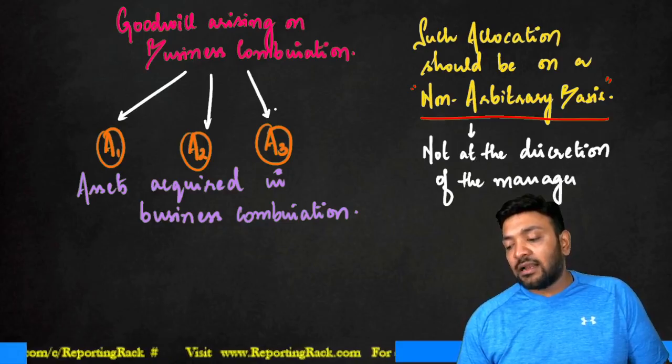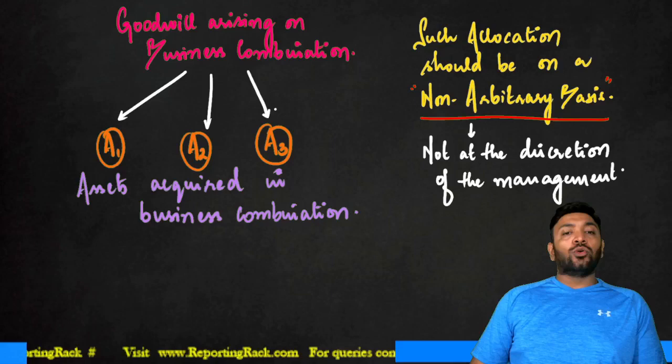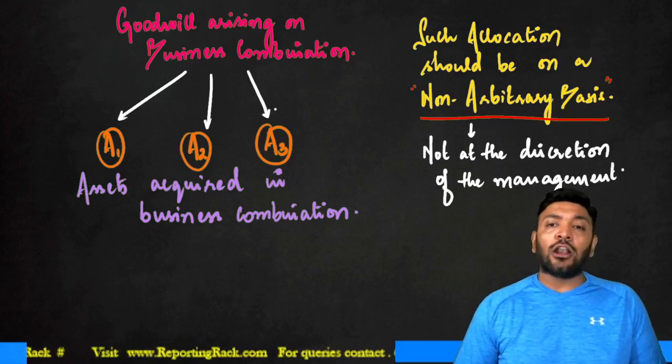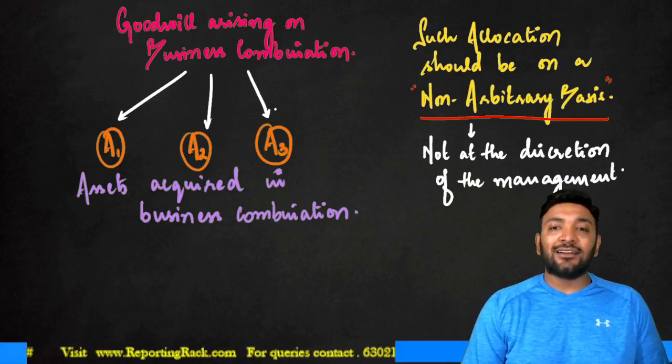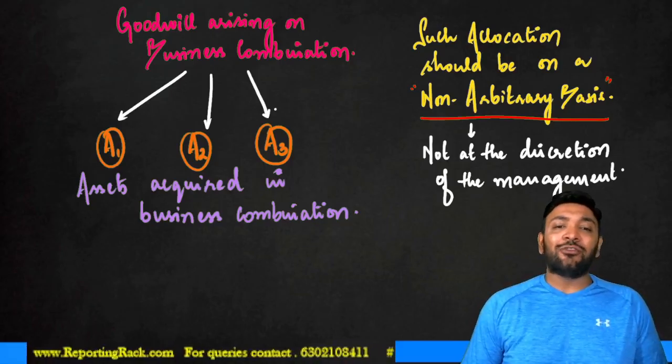It is not at the discretion of the management; they have to allocate the goodwill to each individual asset on a non-arbitrary basis. Clear? Such allocation should be on a non-arbitrary basis, not at the discretion of the management.